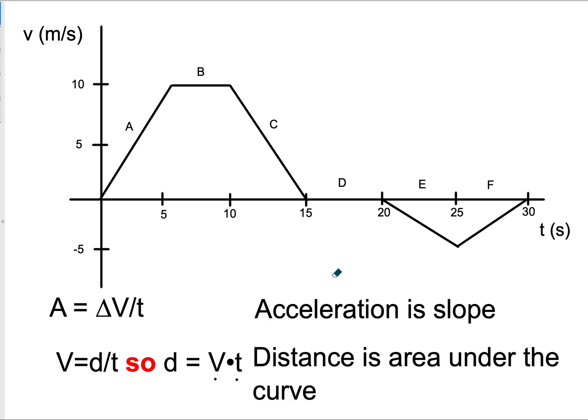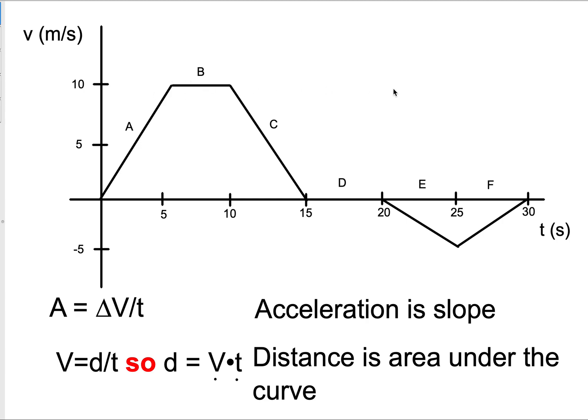A, B, C, D, E, or F. Yep, B. So B, right here, the velocity is not changing. It's constant. So that spot, that's 0 acceleration.